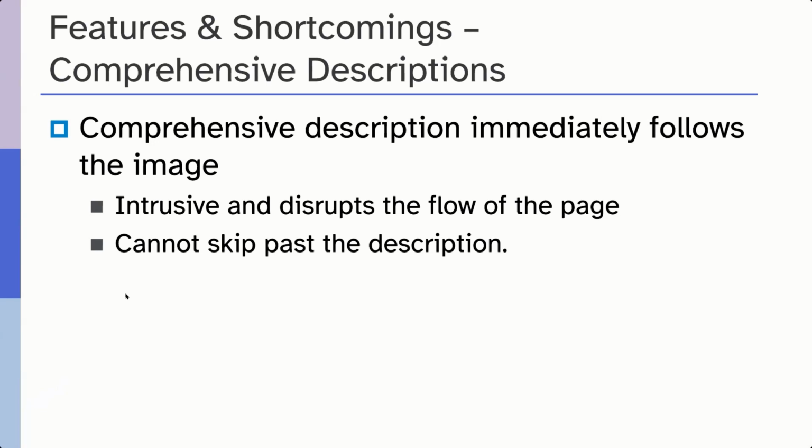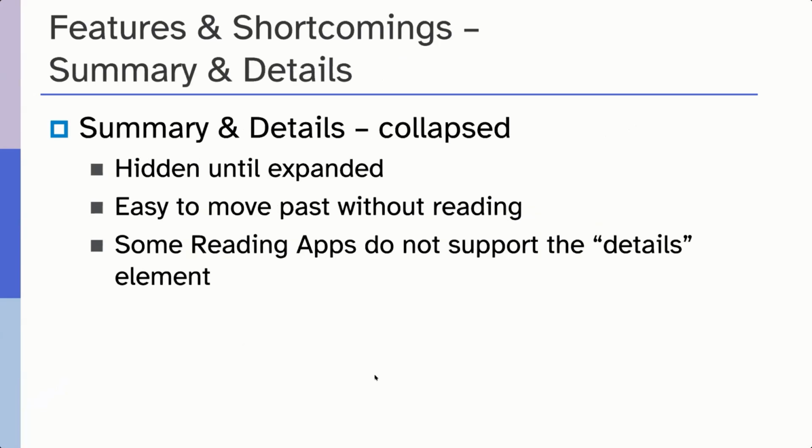So moving on to the second technique. The details element in HTML, along with its associated summary, allows, the summary is just a short description of what's inside the details, and a button is normally presented to expand the details element and present the information that's inside.